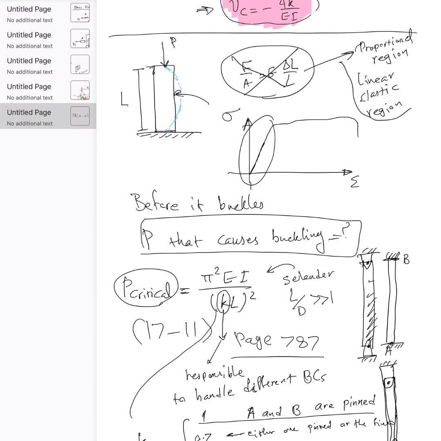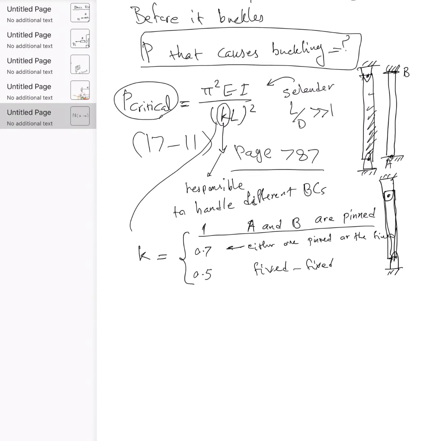So this analysis is very simple. I want to show one example here. Let's say you have a rectangular base for your column, like that, and let's say this is 2, this is 4, and the length of the beam is 8.